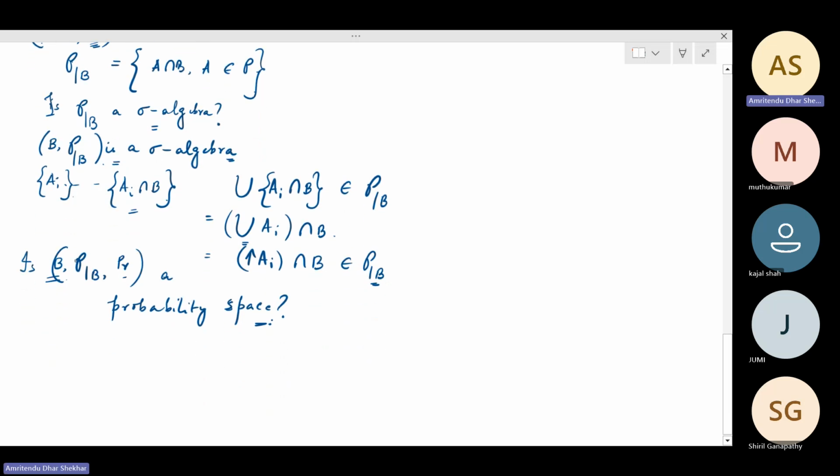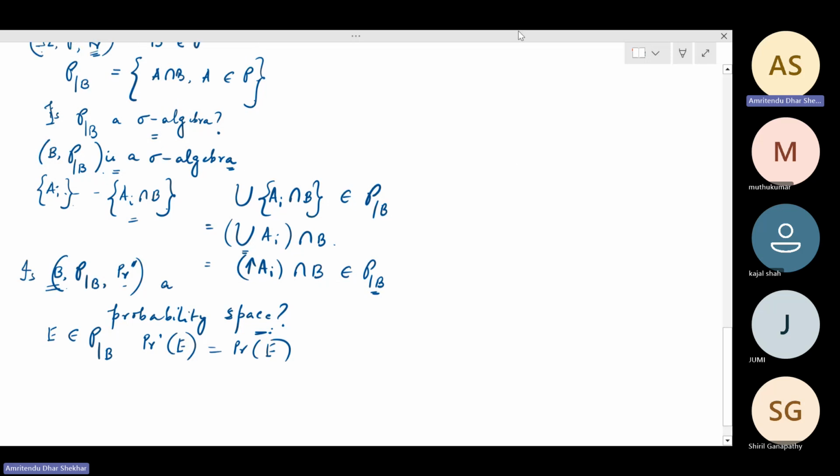So if I take any set E belonging to this P_B, I define this new probability measure, let's call this P prime, I define P prime of E to be simply equal to P of E. Now, is this a measure? Is this a probability space? Well, it's not a probability space, right?